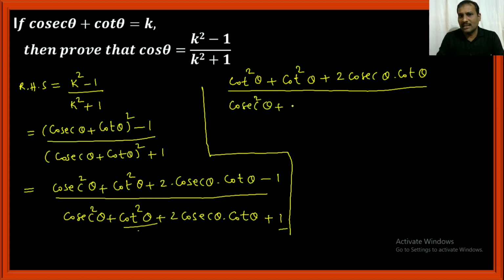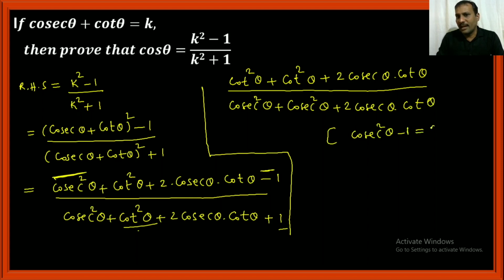So cosecant square theta plus cosecant square theta plus 2 cosecant theta cot theta. What we did here: in place of cosecant square theta minus 1, I wrote cot square theta in the numerator, and in the denominator, cot square theta plus 1, I wrote as cosecant square theta from the identities.